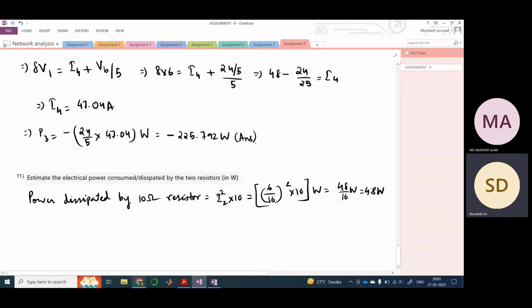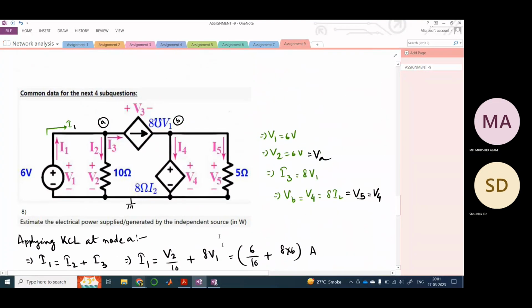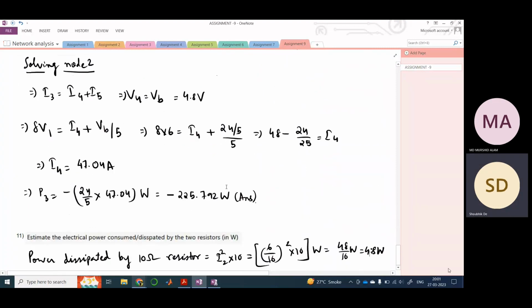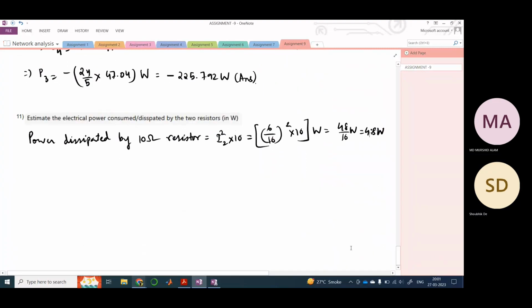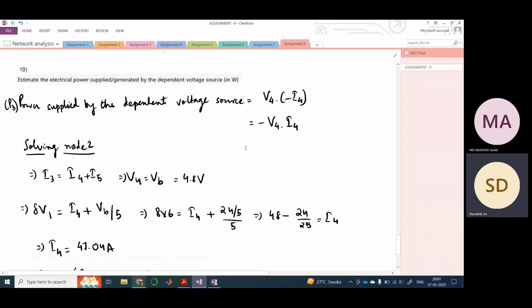Okay, now we have another resistor, the last one. So its power dissipation would be I5 square into 5, because I5 is flowing through the 5 ohm resistor. Therefore, the power dissipated by the 5 ohm resistor would be I5 square into 5. So now I5 is how much? It was probably 24 by 25, right?